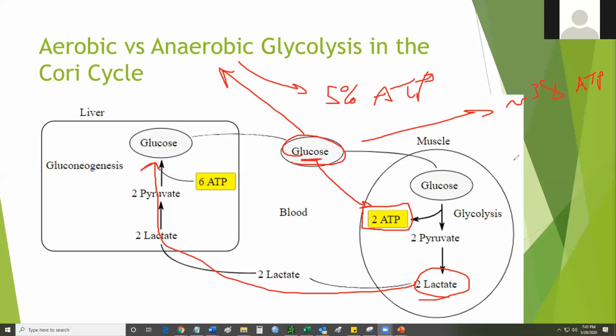If you cannot use oxygen, you're only getting about 5% out of that, which is not a lot. It's very, very inefficient. However, anaerobic glycolysis will occur about 100 times faster than aerobic glycolysis.